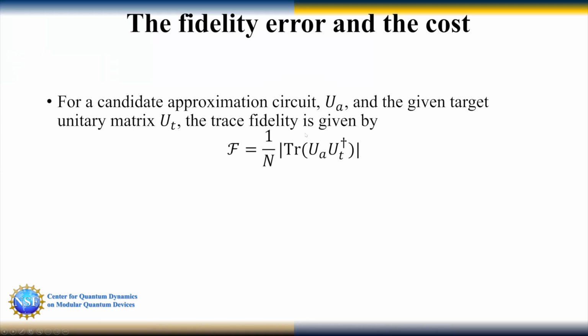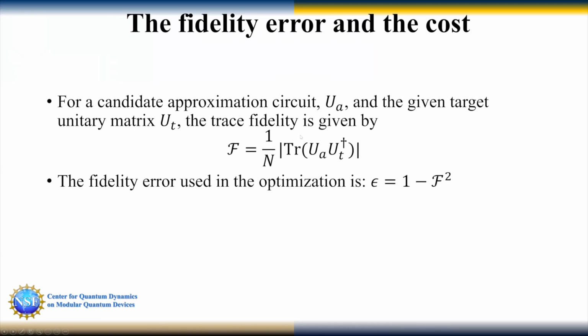So in the ideal case where U_A equals U_T, F will be equal to 1. The fidelity error used in this optimization is epsilon equals 1 minus F squared. We take the square of F so that we can amplify the changes in F, and it will be better reflected in epsilon.